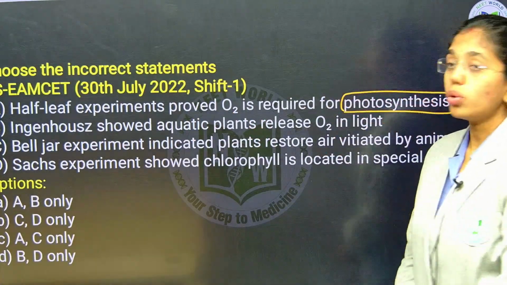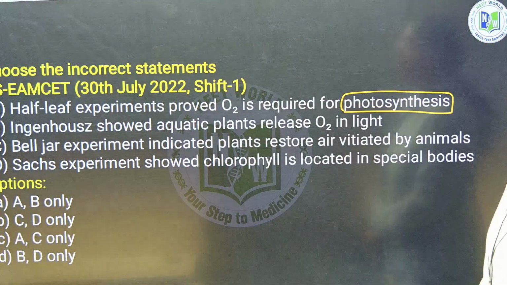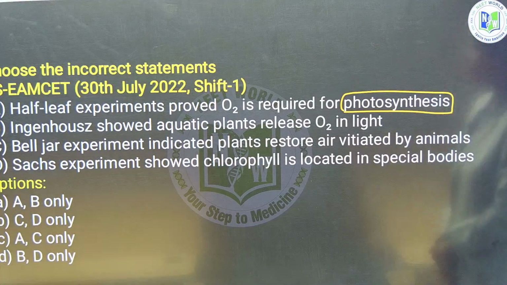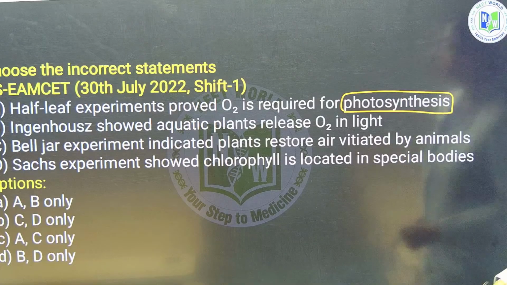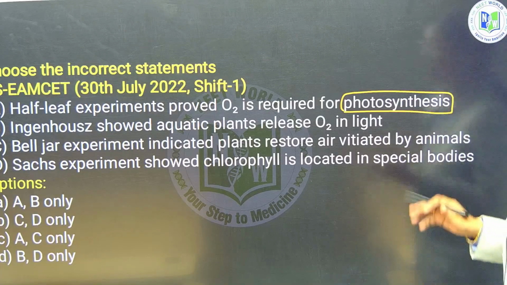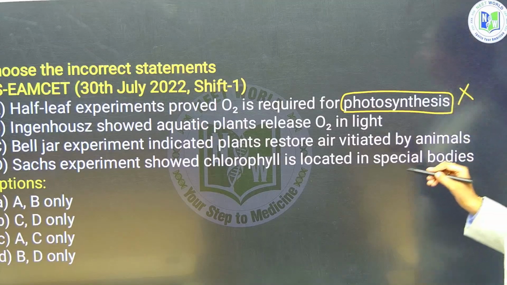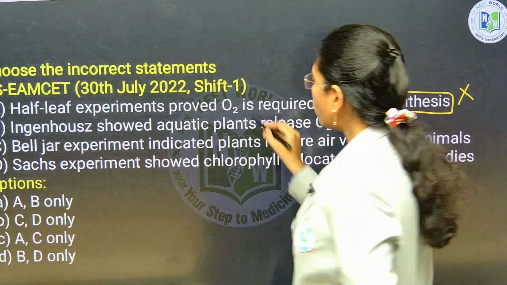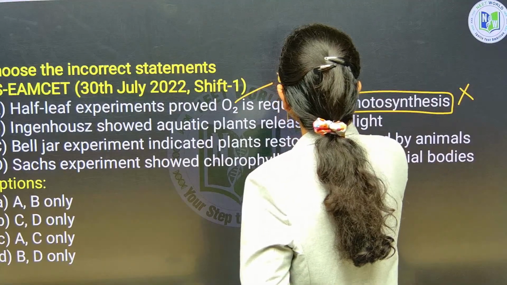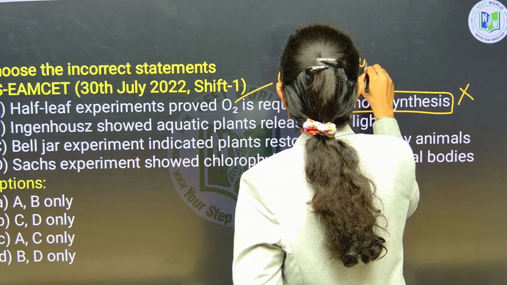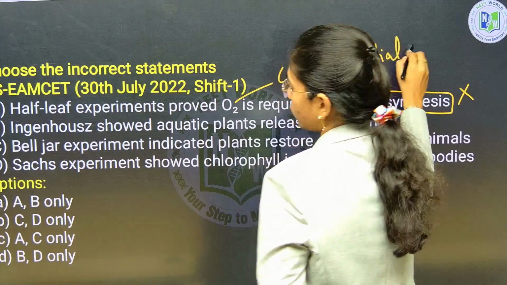Is that true? Wrong. The half-leaf experiment proved that carbon dioxide is essential for the process of photosynthesis.